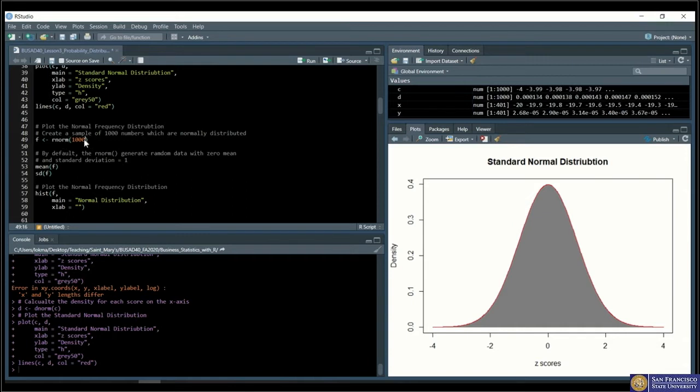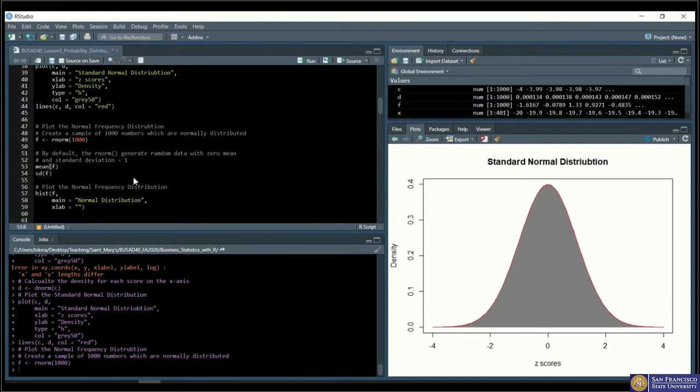So I'm going to create 1000 numbers in this case. I'm not creating a y value here, but I'm actually creating samples here. So I'm creating 1000 observations randomly, and this sample will have a value central at 0, mean, and also a standard deviation of 1. So let me run this function here.